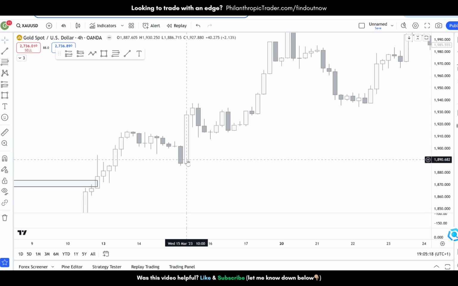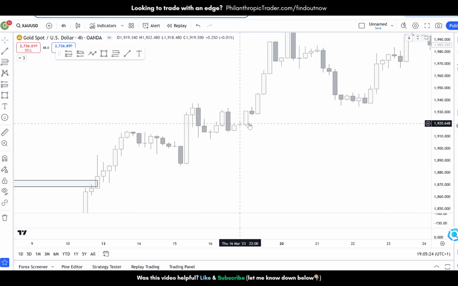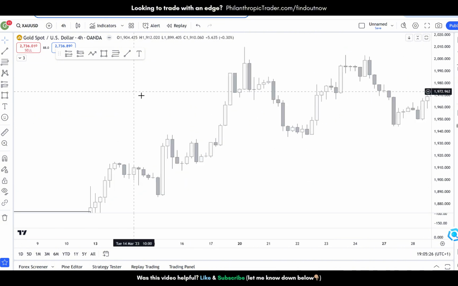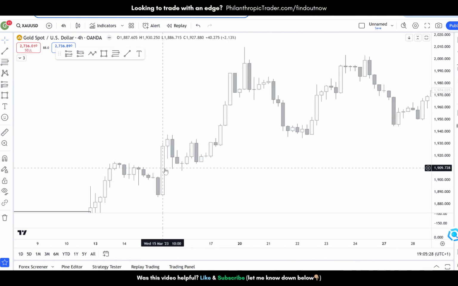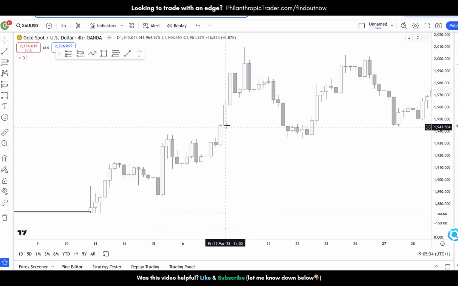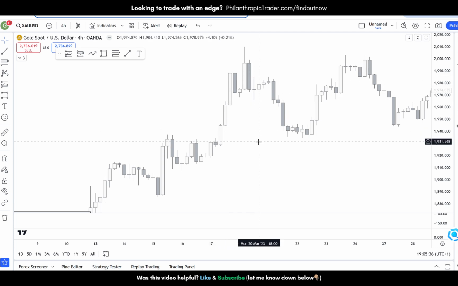At 10 o'clock, many forex traders bought gold at the moment. So not forex traders, but commodity traders. Whatever, people bought over here, and we see over here again big candles.